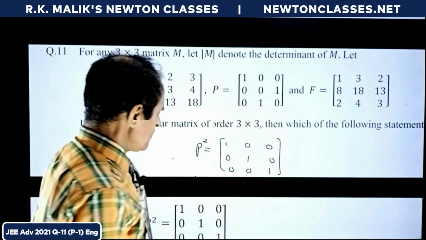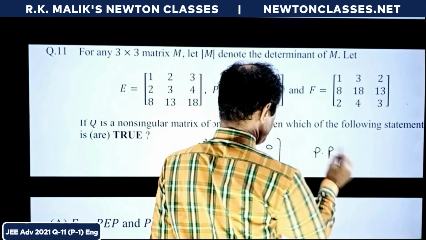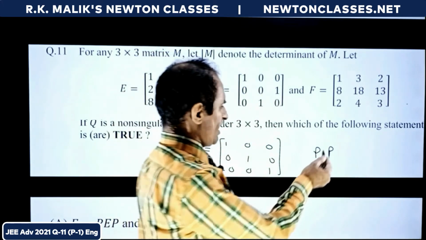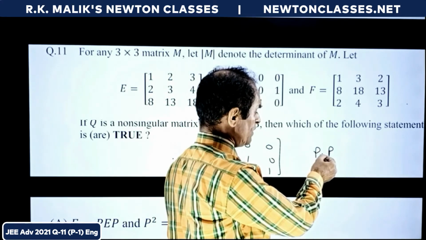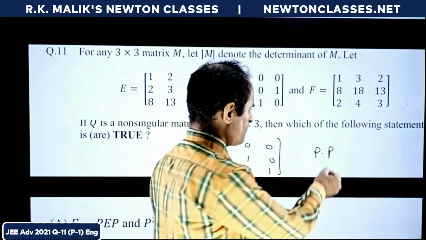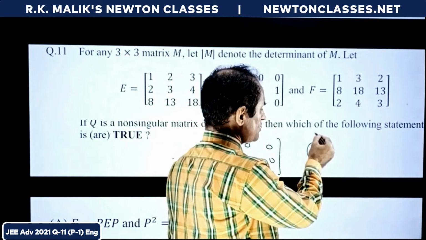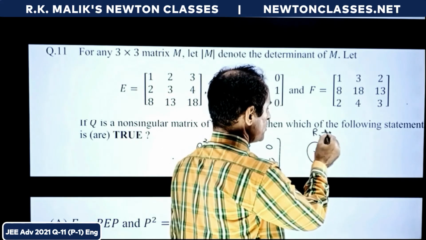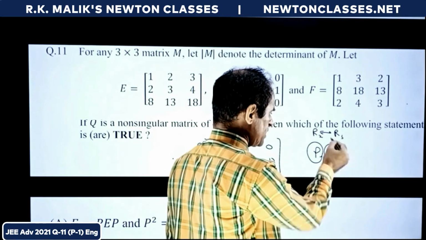The reason being, P square means P into P. I can say that I have pre-multiplied P by P, and pre-multiplication by P means doing the transformation of this on the matrix P.